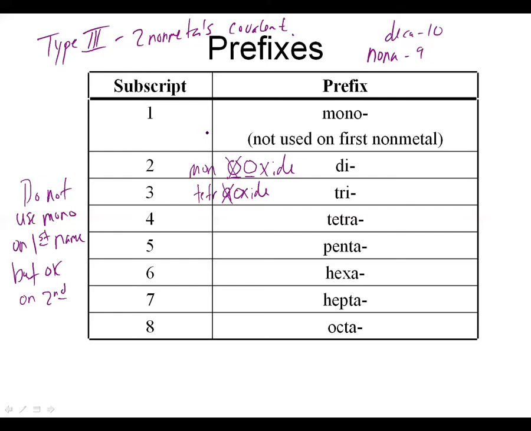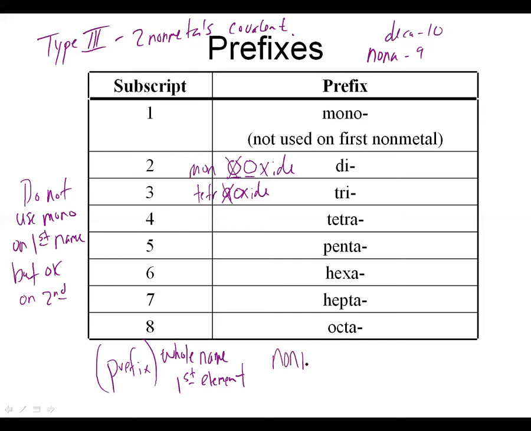When we do name these guys, we pretty much will use the whole name of the first element. And we would use the prefix here as well in front of it, again, as long as it's not mono. And then for the second one, we would name it just like we did with type 1, type 2.